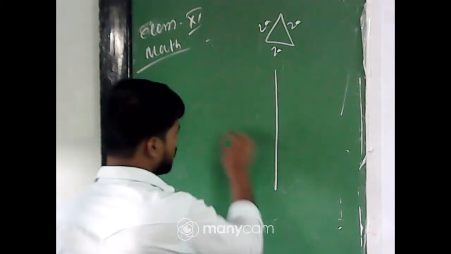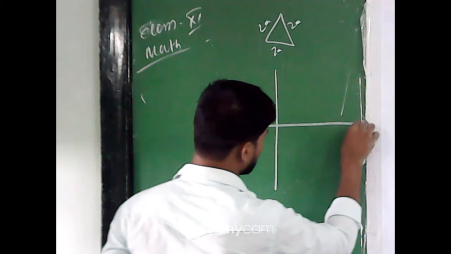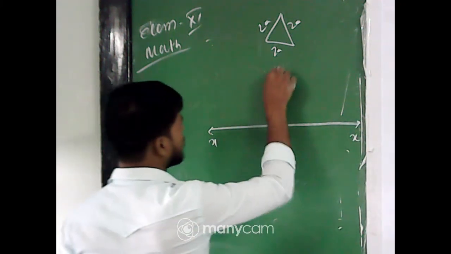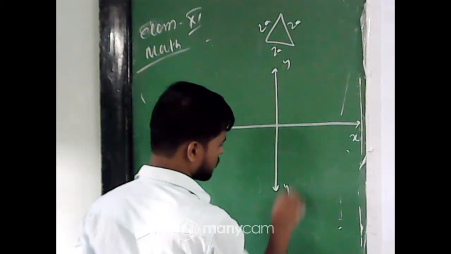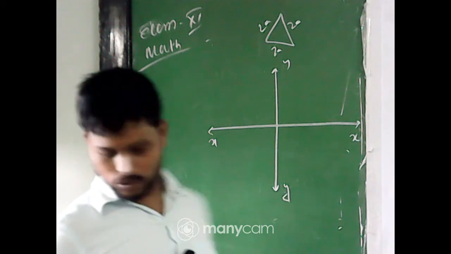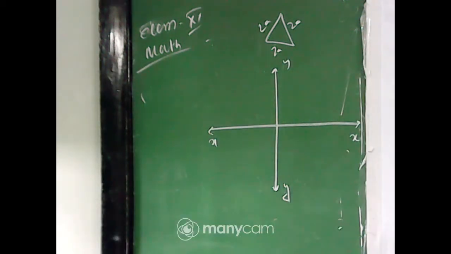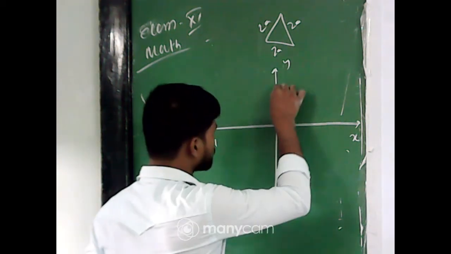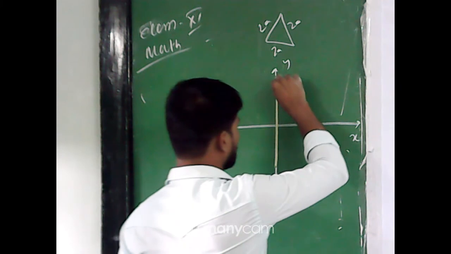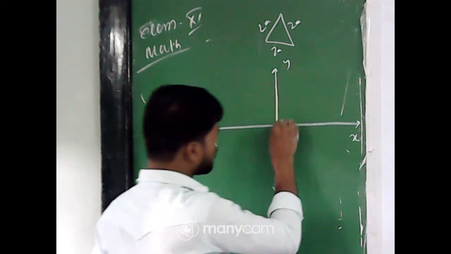So we have to draw the set of rectangular axes. Let this be the x-axis and this be the y-axis. We have an equilateral triangle whose base is along the y-axis, and the midpoint of the base is the origin.